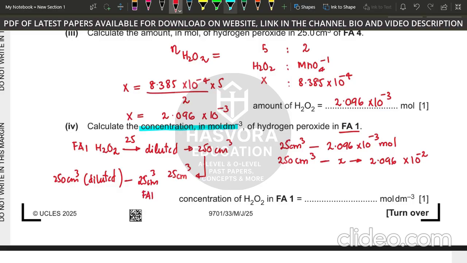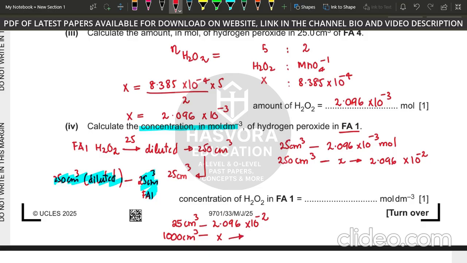So if 25 cm³ of Fa1 contains 2.096 × 10^-2 moles, how much will 1000 cm³ contain?